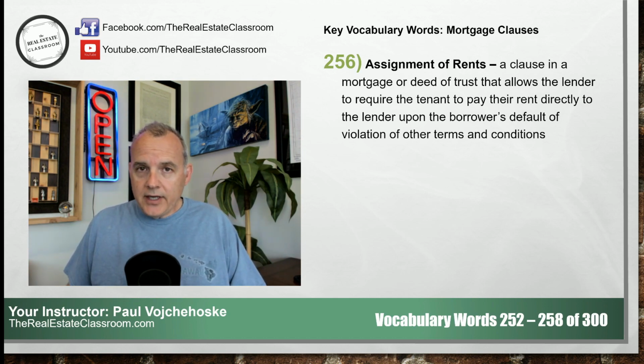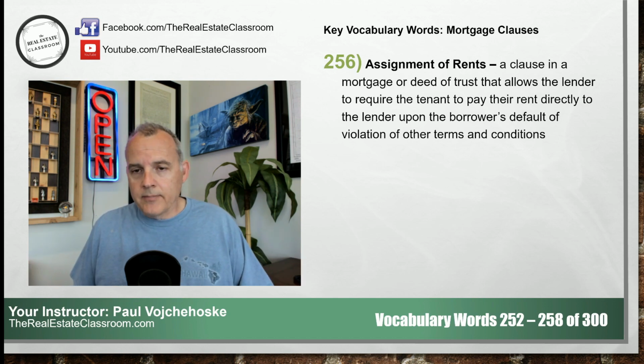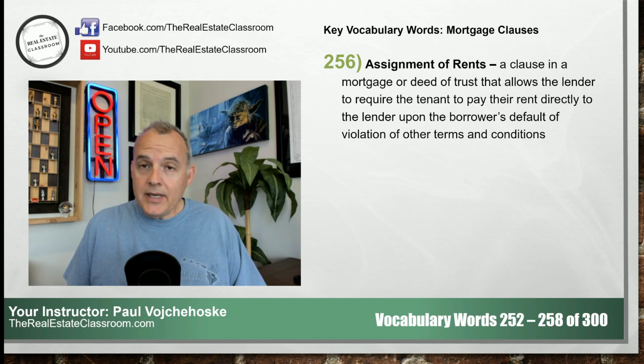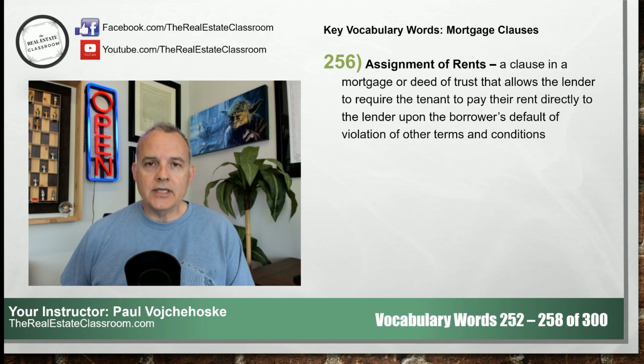Now, the lender doesn't have legal title. They don't even have possession and control of the property. It's just a mechanism to protect the lender should the borrower stop making their monthly payments, so they can get that rent money directly from the tenant.